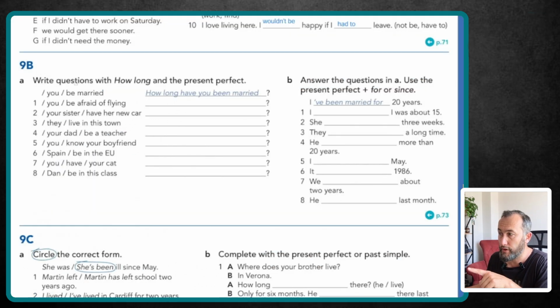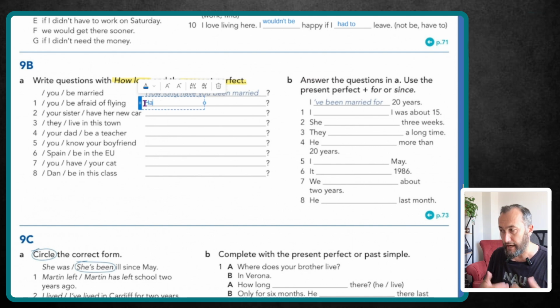Write questions with how long and the present perfect. Like, you be married. How long have you been married? You be afraid of flying. So obviously I'm going to start with how long, all of them. How long? And then present perfect. I have to think, what is present perfect? Present perfect is have or has and then past participle. If I want to make a question, I must put have or has before the subject.